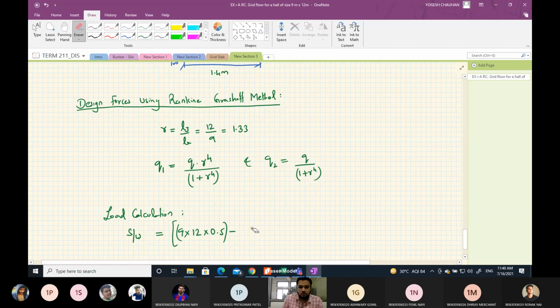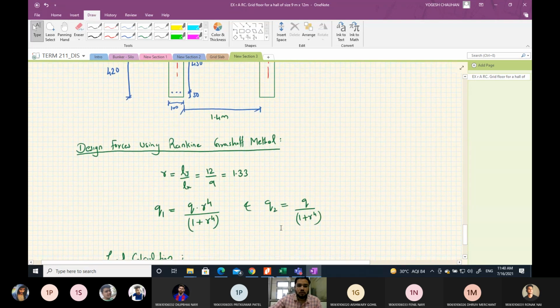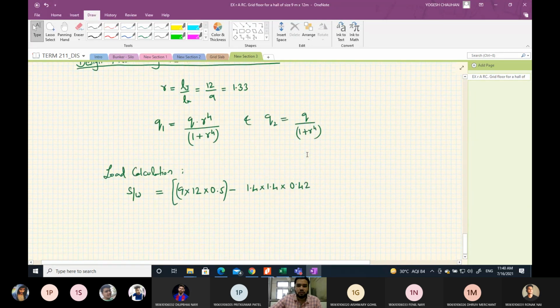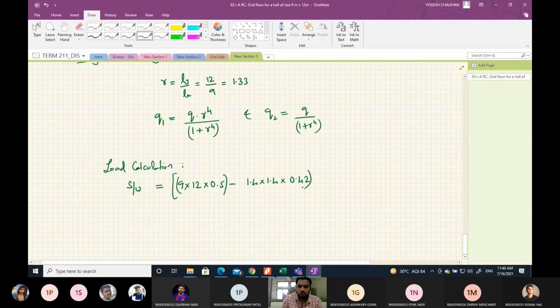It is 1.4 by 1.4 by 0.42. This is the hollow volume of one hollow portion, and we have 48 numbers of such hollow portions. So multiply by 48 and multiply by density of concrete. So this will give you the total load in kilonewton.